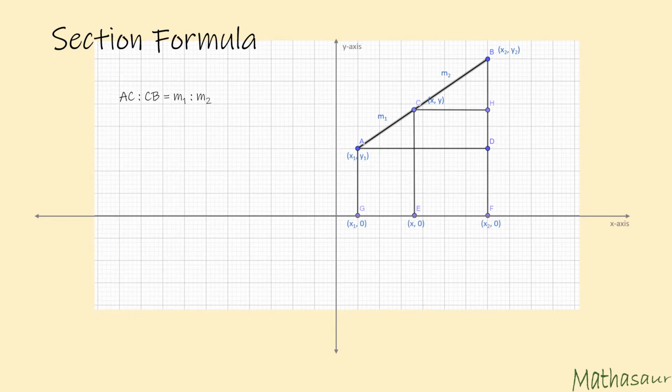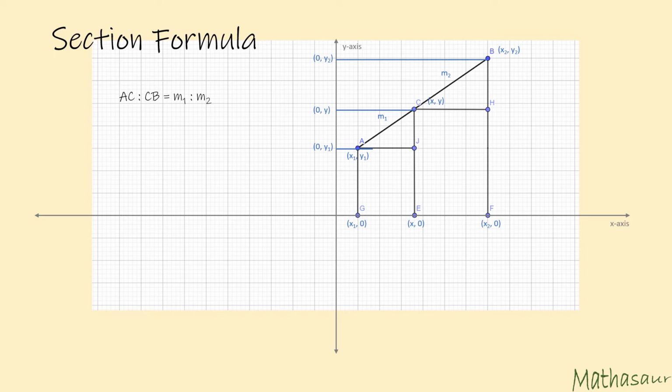Similar to the previous case, let us draw perpendiculars onto the x-axis. Now let us look at these two similar triangles. We can also draw perpendiculars onto the y-axis as we did in the previous problem. Now looking at these similar triangles, let us look at the ratio of the corresponding sides.